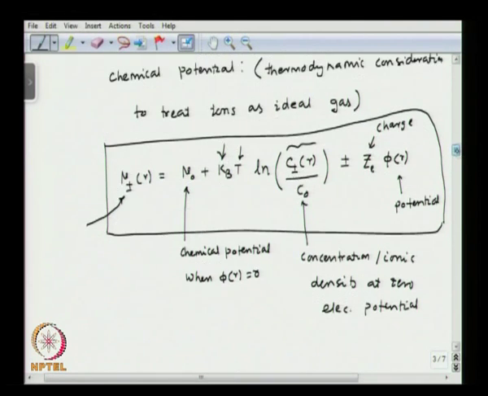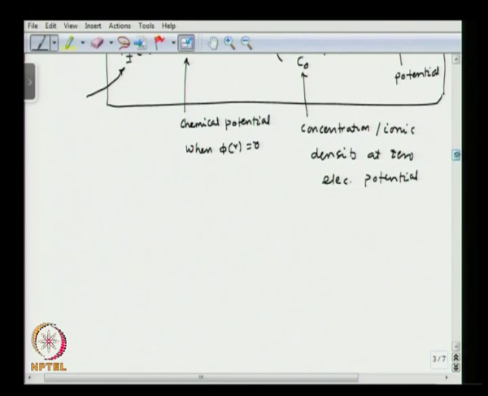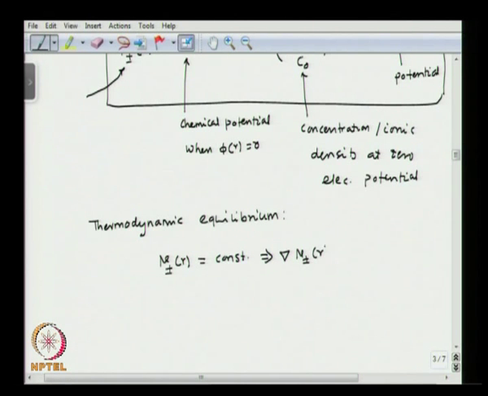So for thermodynamic equilibrium, the chemical potential mu r will be constant. So the gradient of chemical potential will be 0.